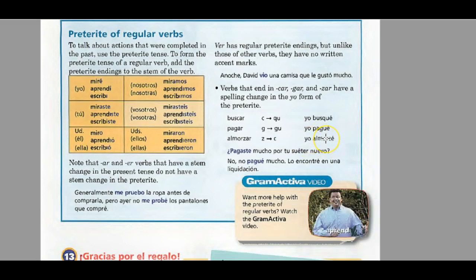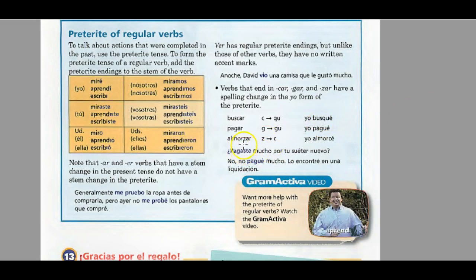So you're not pronouncing the U or anything. It's just a way to preserve the hard G sound, just as the QU was there to preserve the hard K sound in buscar. So in these two examples, you're just preserving the sound that was originally there. That's all it is. No change in pronunciation.